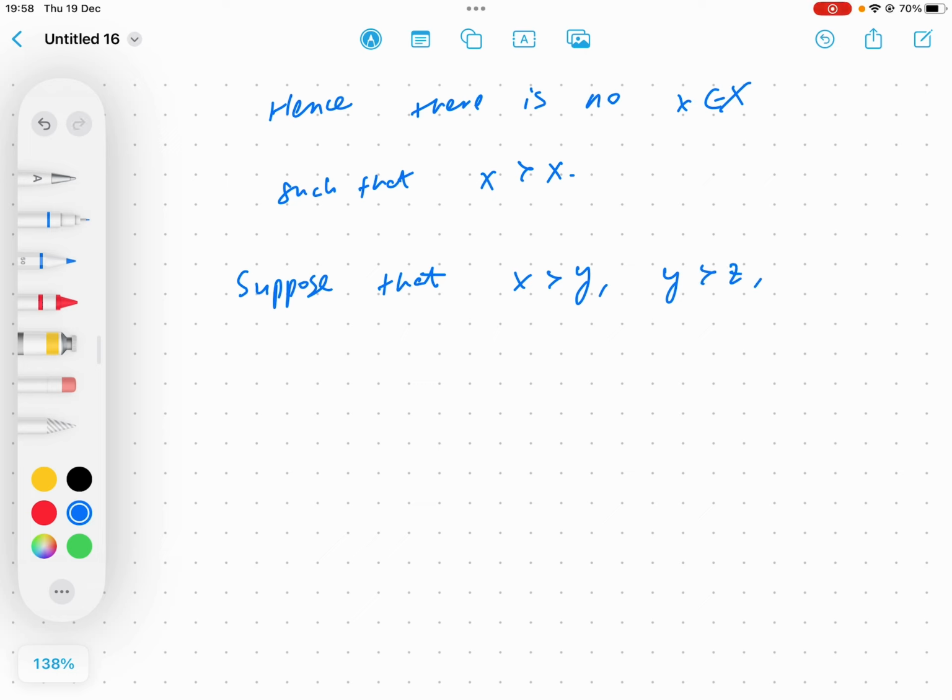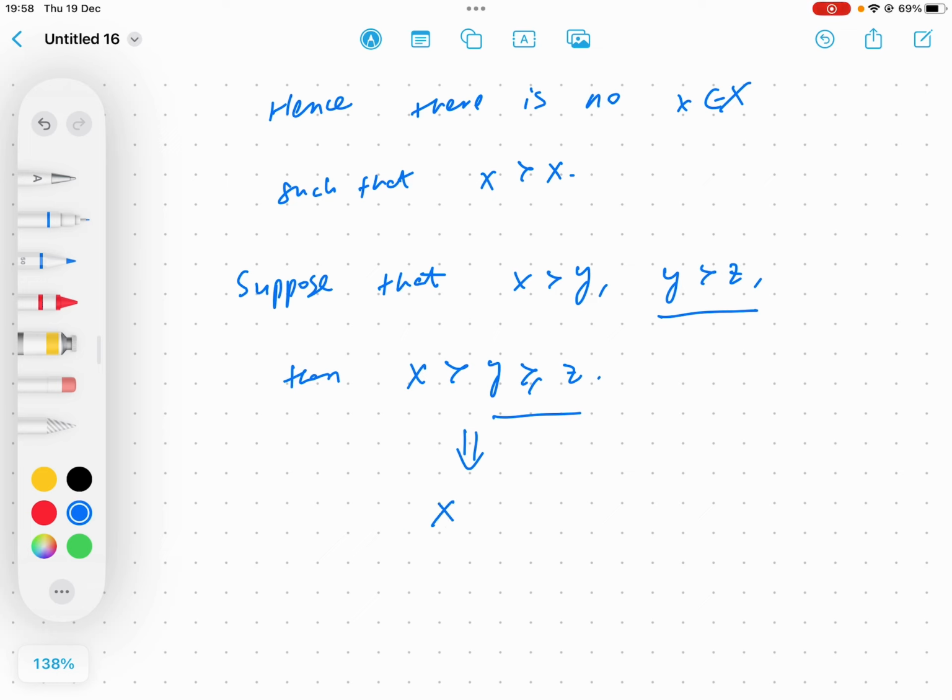Then what we have is x is strictly preferred to y and weakly preferred to z, because the strict preference here implies the weak one, right?